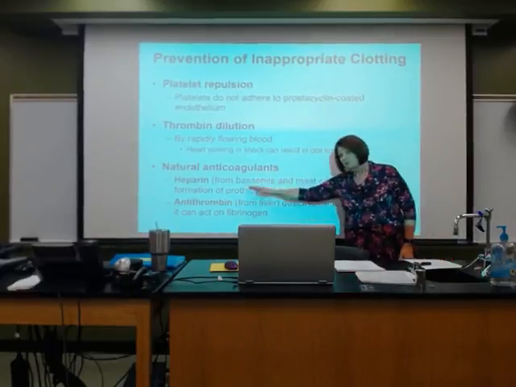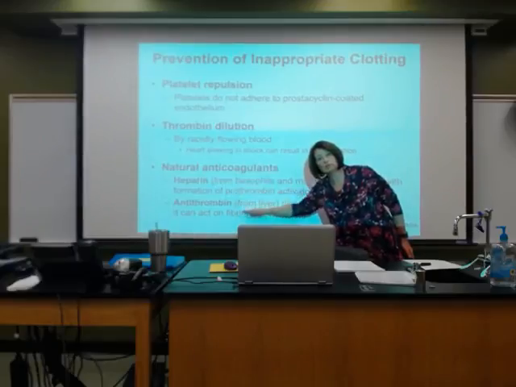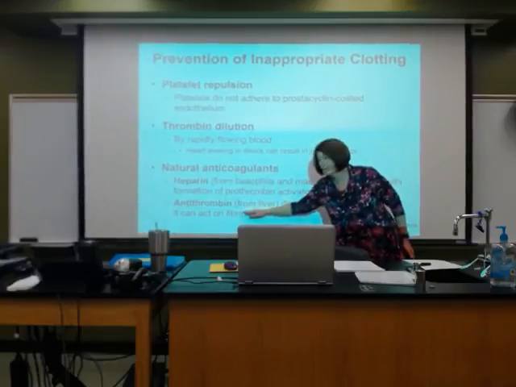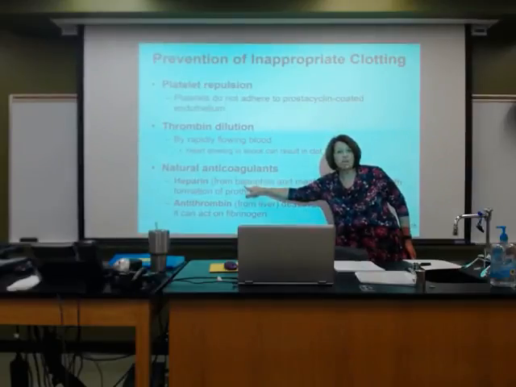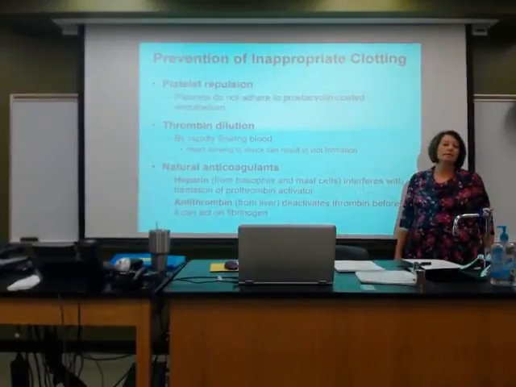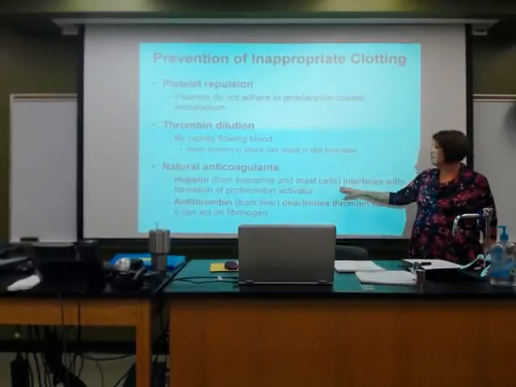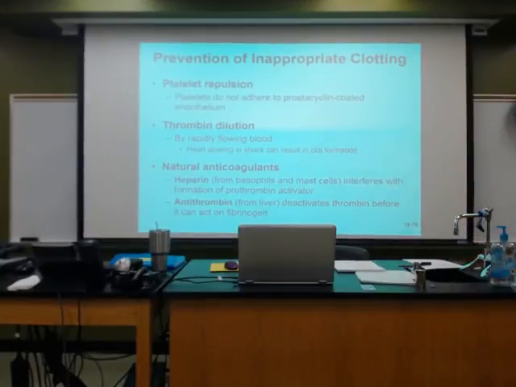Do you guys remember the white blood cells? One of them secreted what? Heparin, which is a natural anticoagulant. And those cells stay right around the vessels of the body. They're called mast cells. Mast cells migrate.